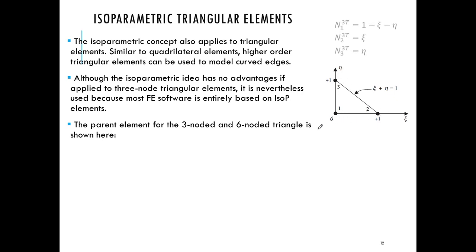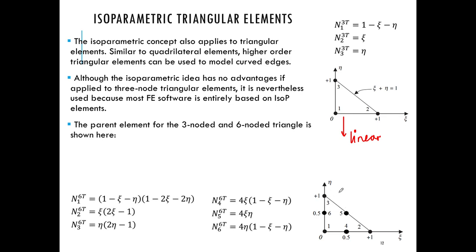And then we also have our six-noded parent element. Now this six-noded element is a quadratic one. This has linear shape functions. This is a linear triangular element, as you can see from the expressions for the shape functions.